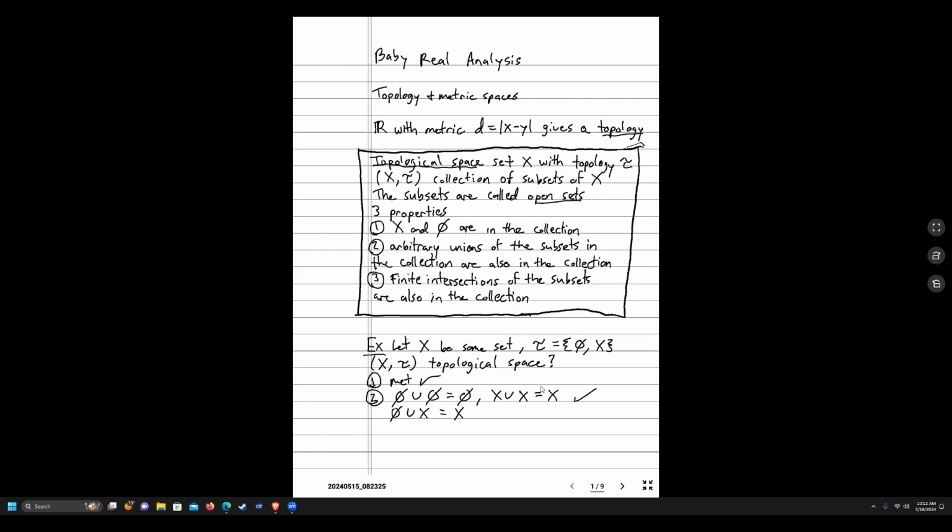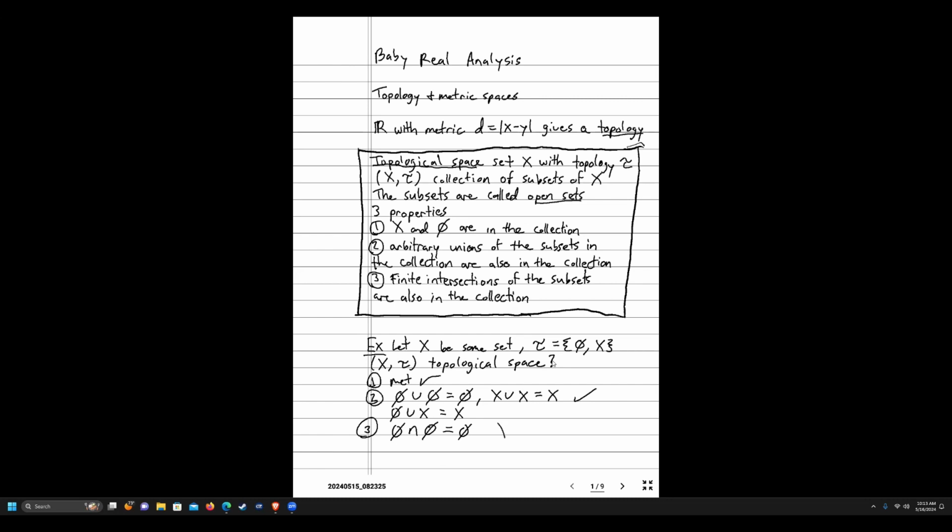The third condition is talking about finite intersections of the subsets. There are only two subsets, so any intersection I'm going to do is finite. If I take the empty set intersected with itself, that's just the empty set.